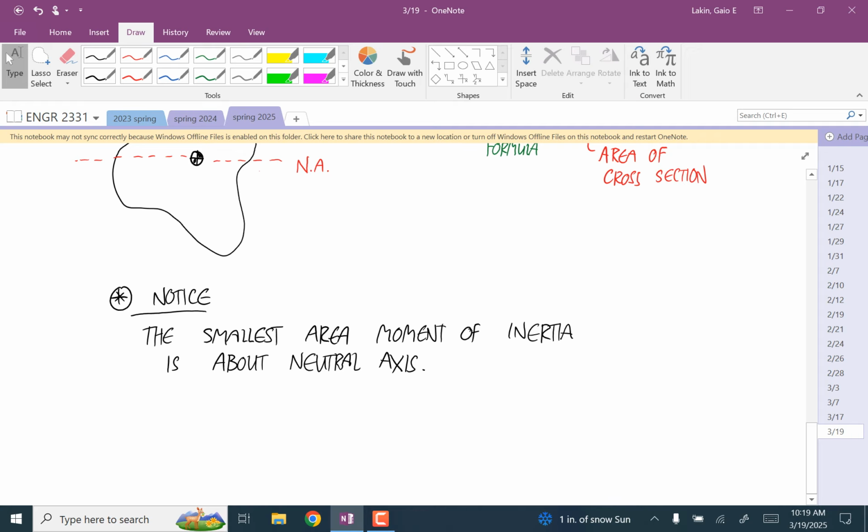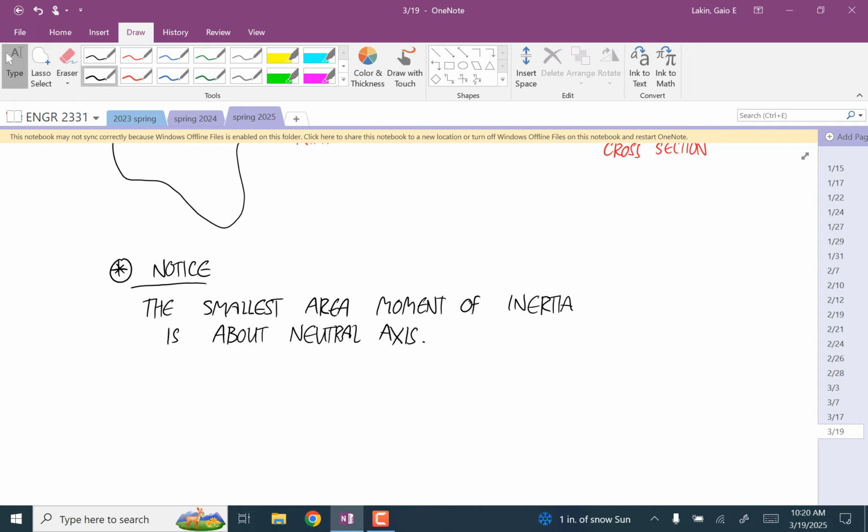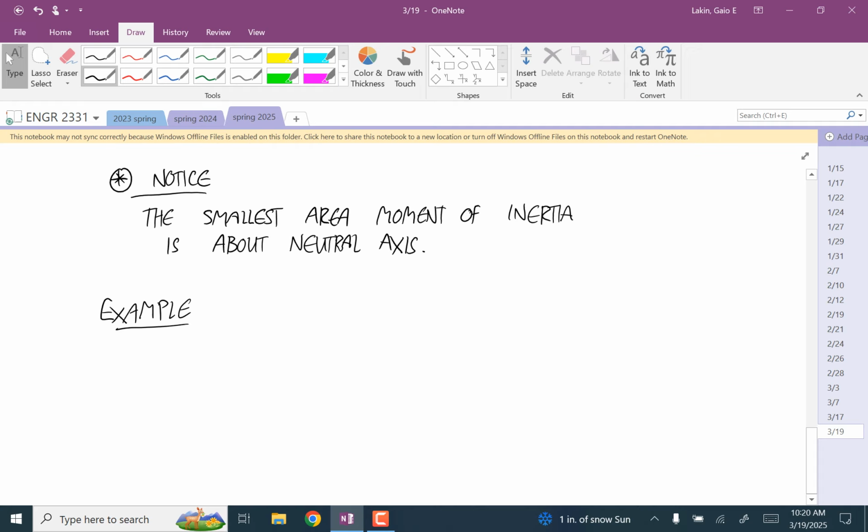Okay, so let's do an example like that, where we have a complicated shape made up of simple shapes. Let's say our beam is like a T shape.